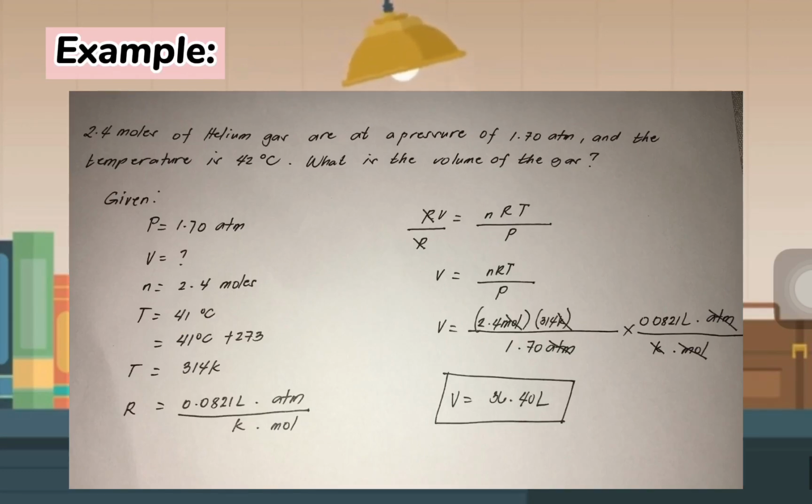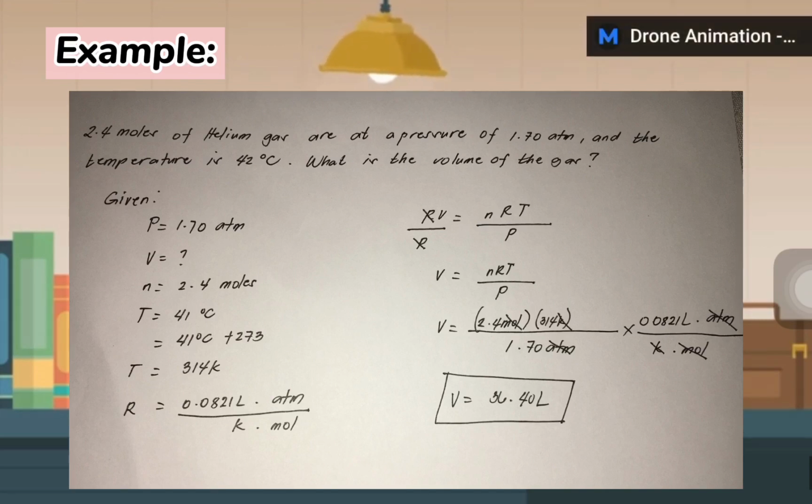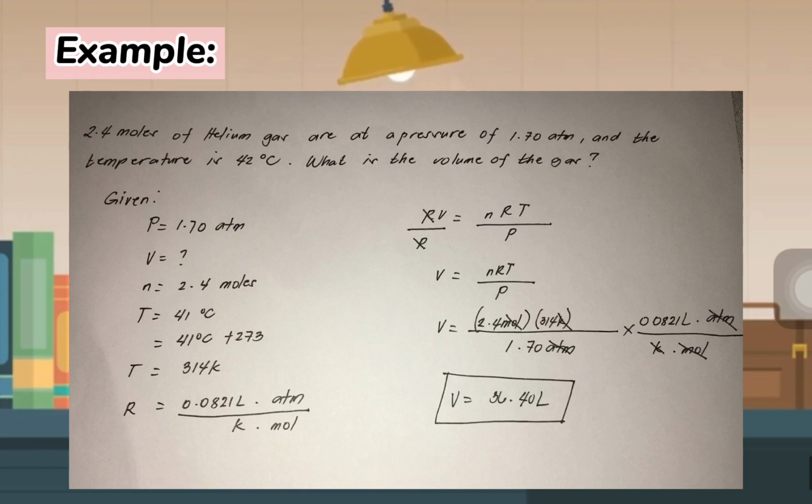For example number 1, we have 2.4 moles of helium gas at a pressure of 1.70 atm and the temperature is 40 degrees Celsius. What is the volume of the gas? For our given, pressure is equal to 1.70 atm. We are finding the volume.